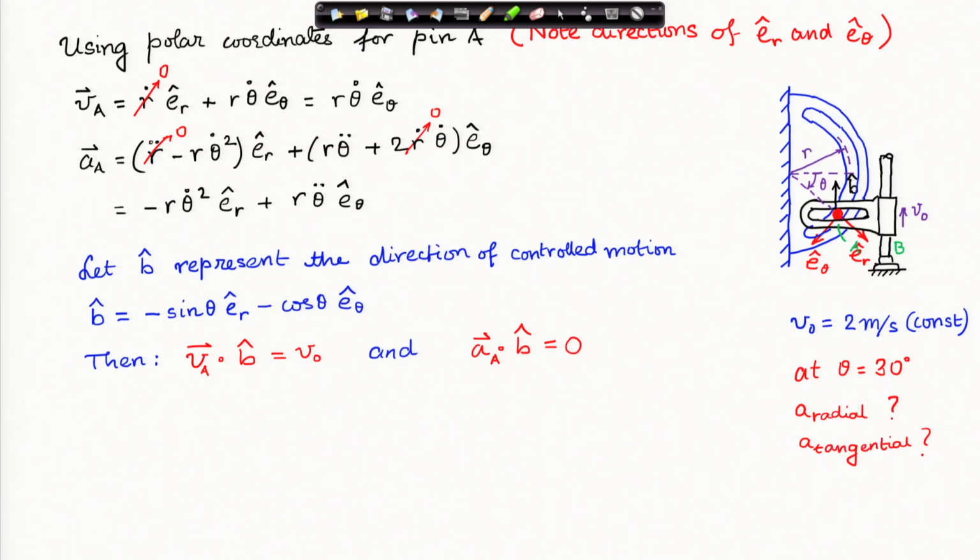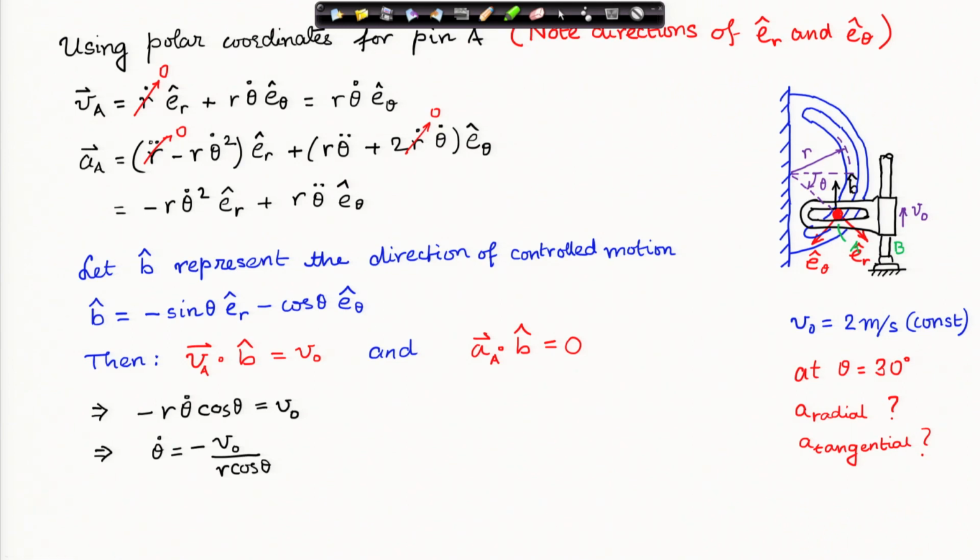Therefore, whatever be the velocity of pin A, its dot with b cap should be the velocity in the vertical direction, which is V naught, specified as 2 meter per second, and it is constant velocity. Therefore, whatever be the acceleration of pin A, its dot with b cap once again should be 0, because it does not have any acceleration in the vertically upwards direction, in the direction of b cap.